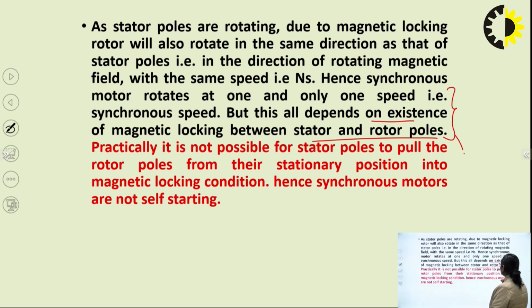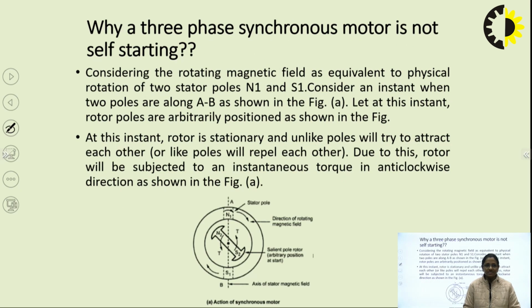Practically, it is not possible for the stator poles to pull the rotor poles from their stationary position to attain the magnetic locking condition. And because of this, synchronous motors are not self-starting. We have to assist the motor so that the rotor can be brought to the magnetic locking condition. Only after that will the rotor start following the stator magnetic field and rotate at the speed of the rotating magnetic field, ns, right?